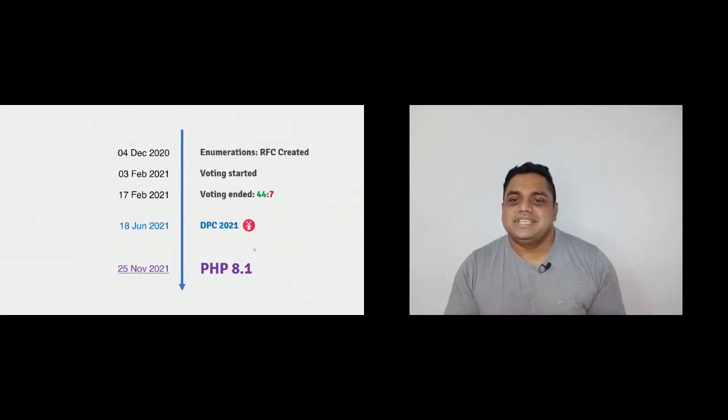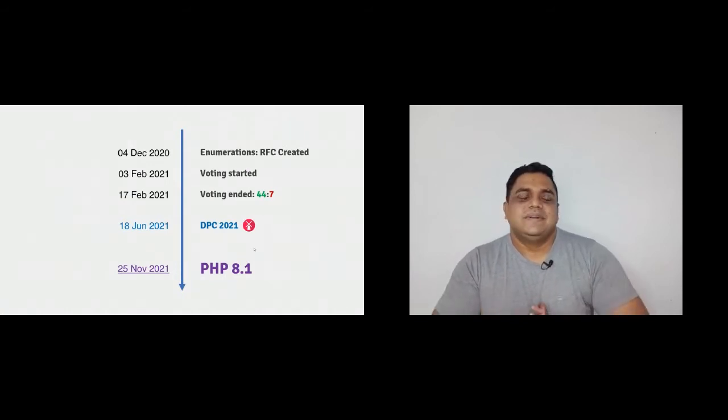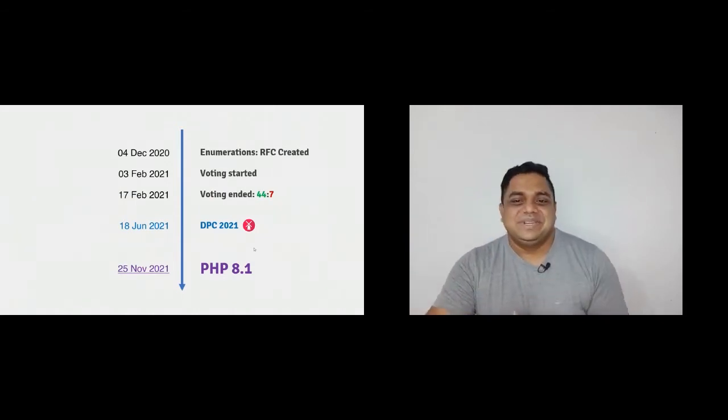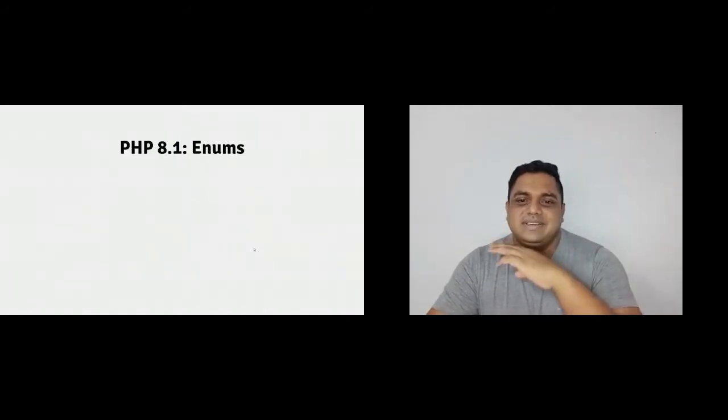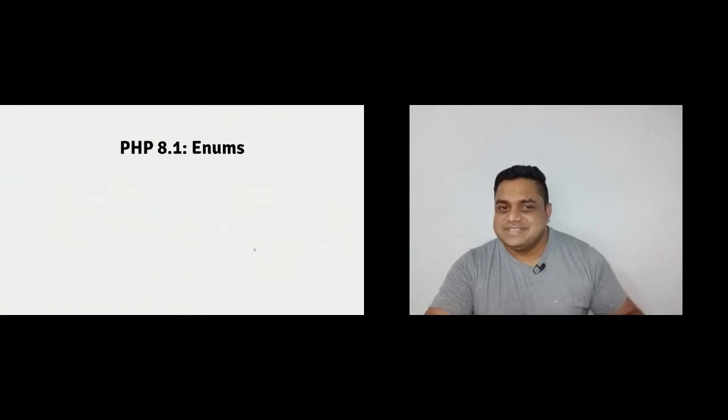Now, this RFC was created by Ilya and Larry Garfield. This is the second time that people tried to bring enums to PHP, but this time the vote passed, and we talk about this today. At the end of this year, we will have enums. We will talk about this in 7 topics.